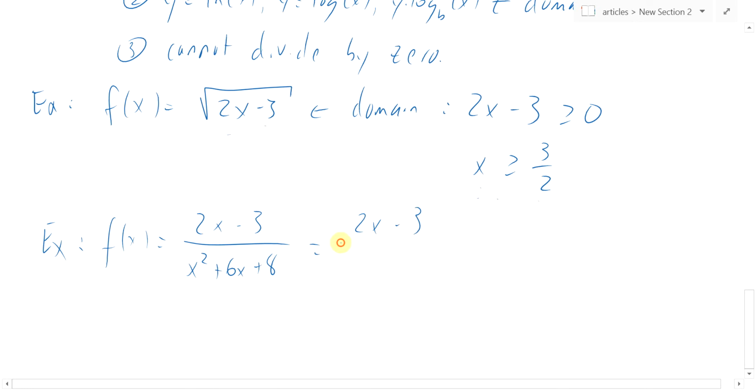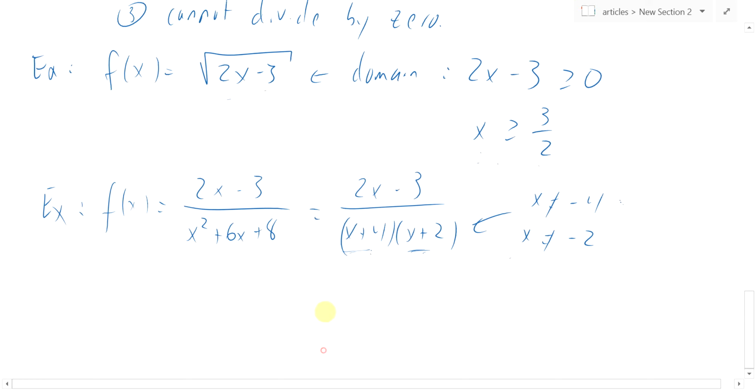If I factor that denominator, it's x plus 4 times x plus 2. And so I can't have x equal to minus 4 because that will make this term 0, and I can't have x equal to minus 2 because that would make that term 0, and I can't have 0 as my denominator. I can't divide by 0.